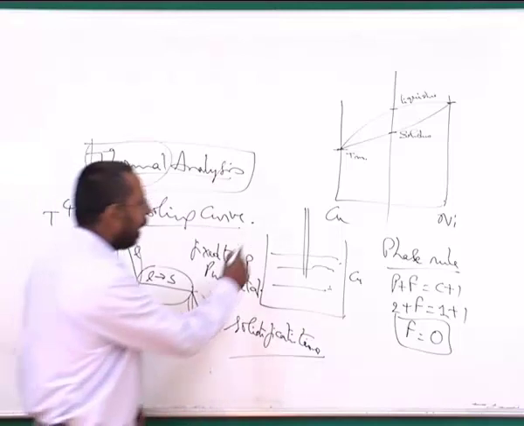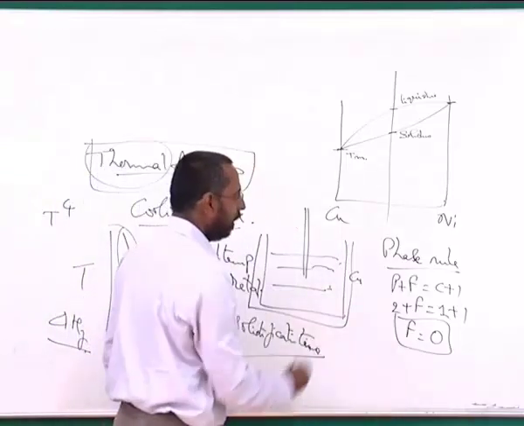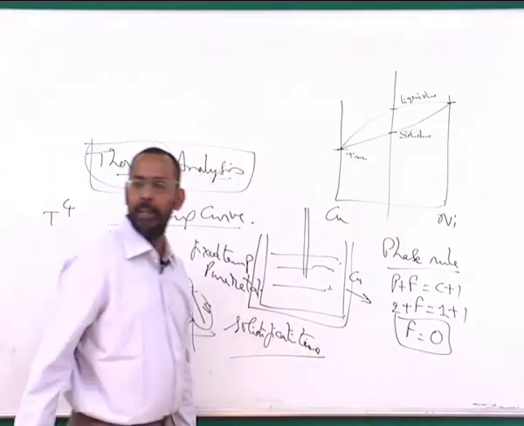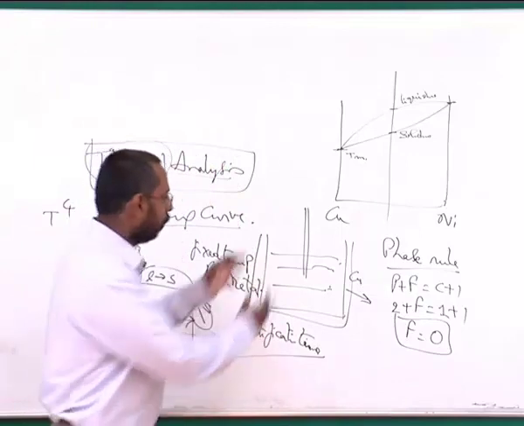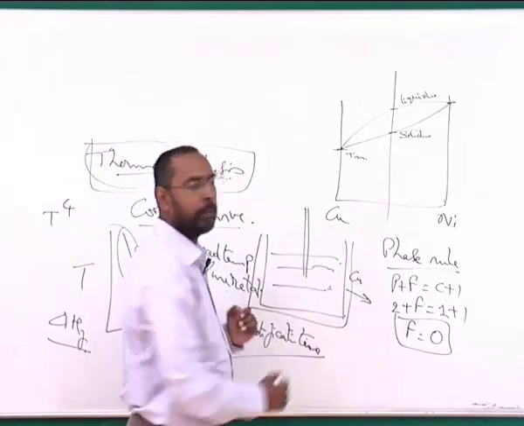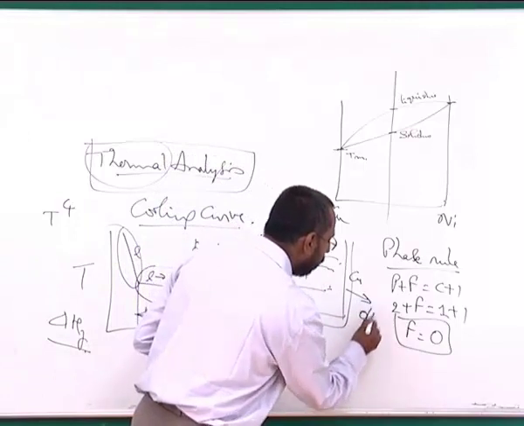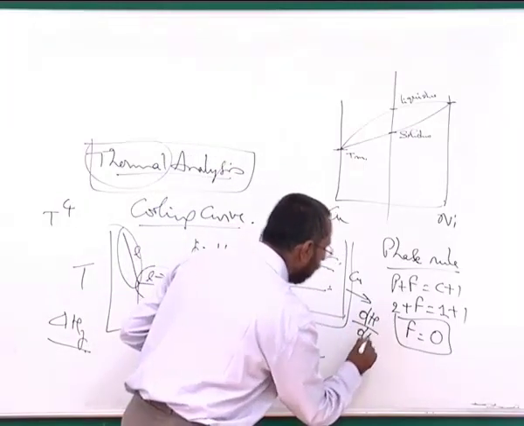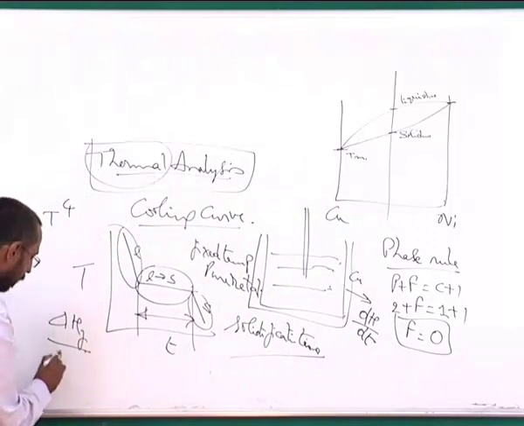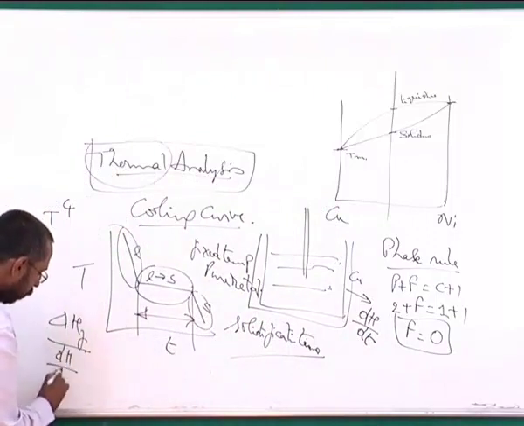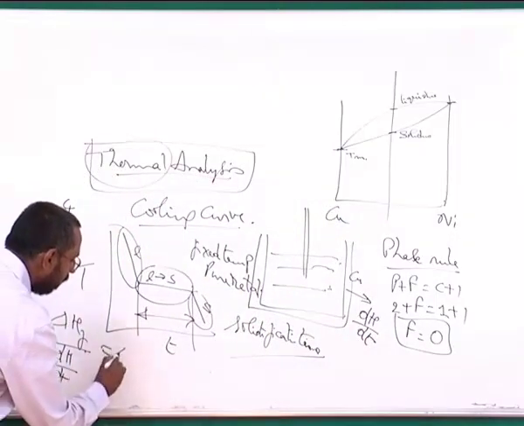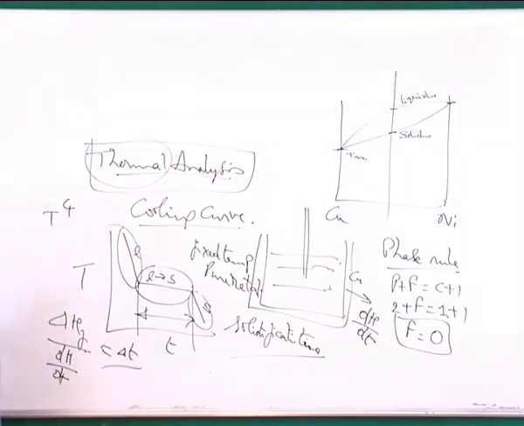If I have a liquid inside a container, this container is being cooled at a certain rate. This material has a certain thermal conductivity and a certain heat extraction rate, which I can call dH by dt. And if I divide delta HF by dH by dt, what I get ultimately is a certain delta T, and that is what we are looking at.